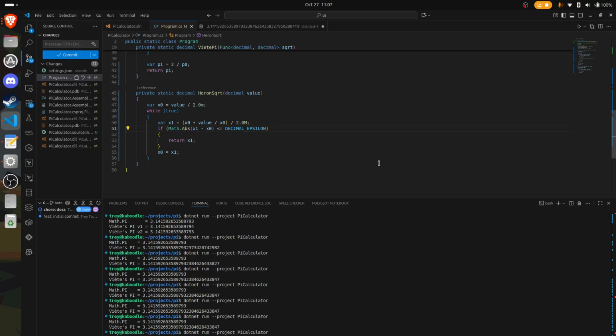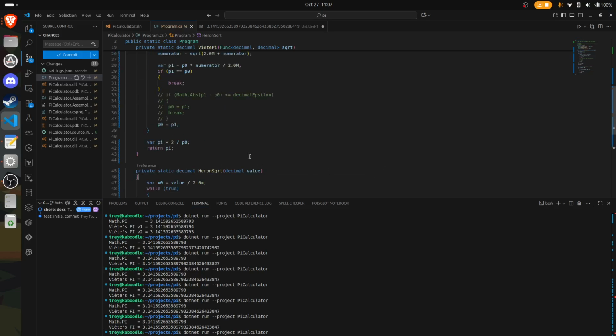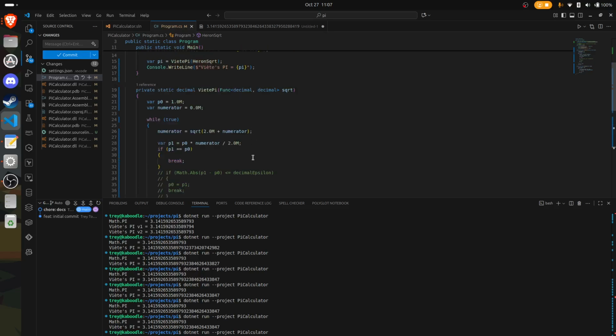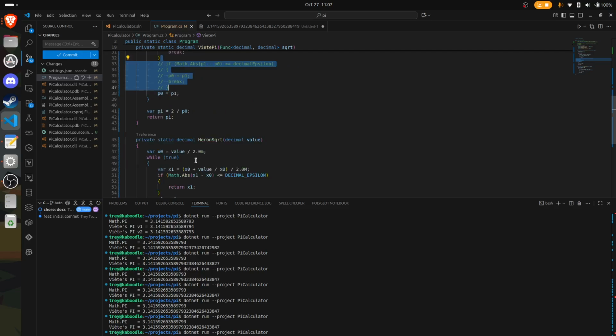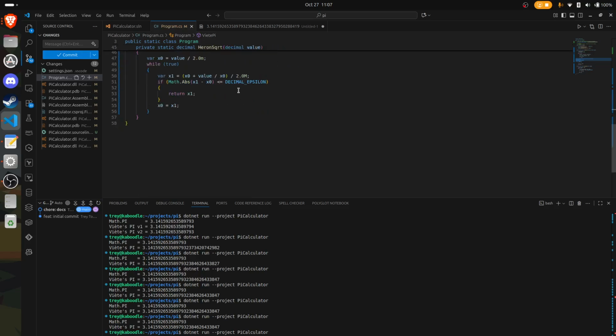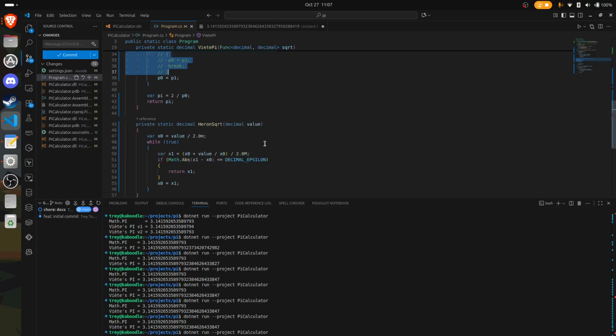Same number though. Okay, there's a rounding error hiding in here somewhere. And it's probably something to do with, not sure what the phrase is right now, but when you're doing math on really small numbers, computers can get confused.